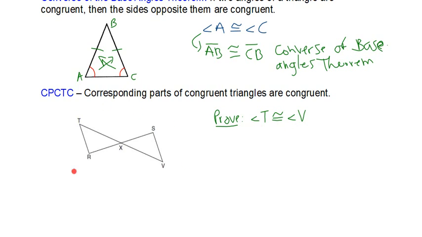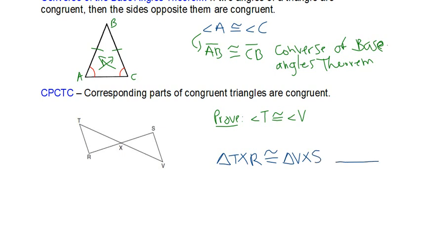There's no other way around. So the first thing that you will need to prove is that triangle TXR is congruent to triangle BXS, by whatever method that you are using.